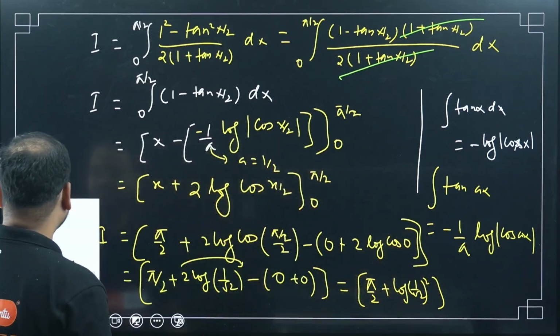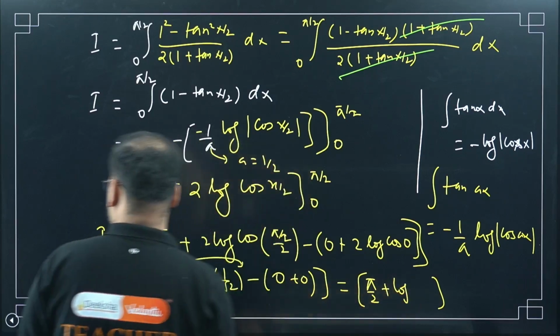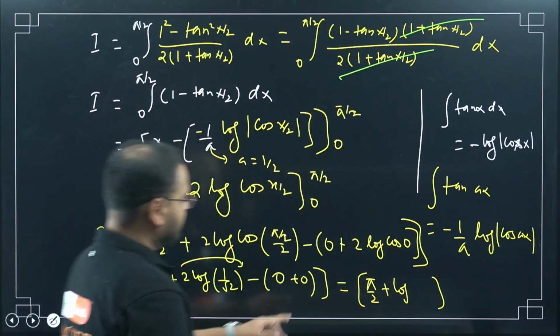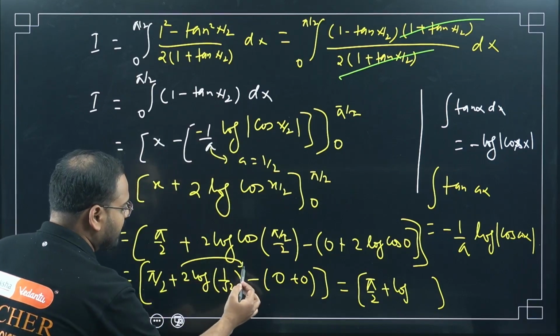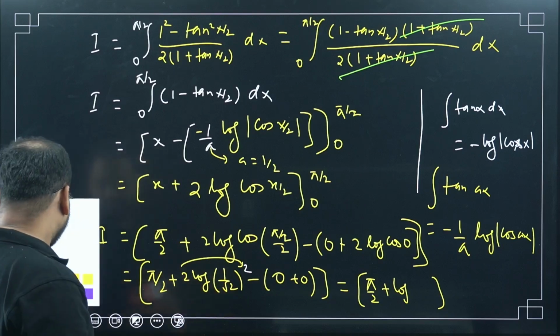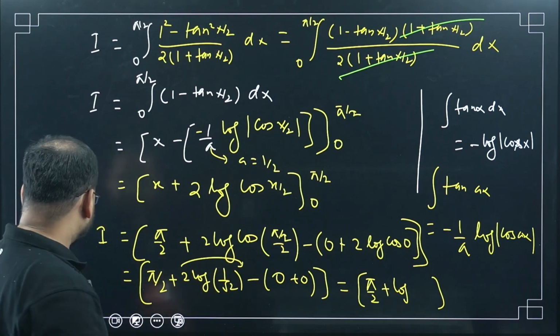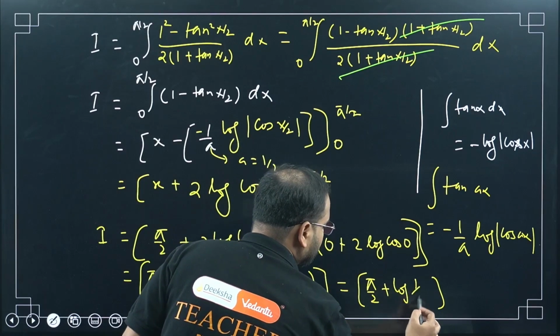This 2, which was the coefficient of log, became the power. When I do that, I'll get the square of this thing, which is simply 1 by 2. So log of 1 by 2.